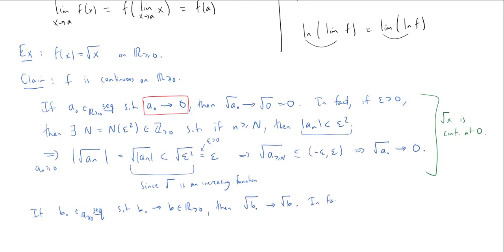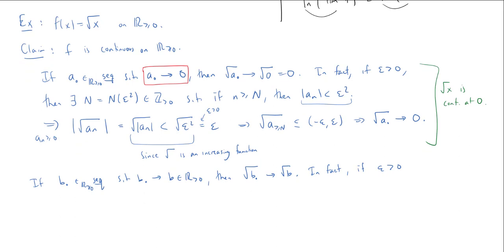Okay, of course we have to justify it. So in fact, you see the similarity here. If epsilon is greater than 0, and we're just copying it seems like, then there exists, okay, maybe we'll use a different letter now, M. And this time though, this M is actually going to depend just on the epsilon. That's fine.